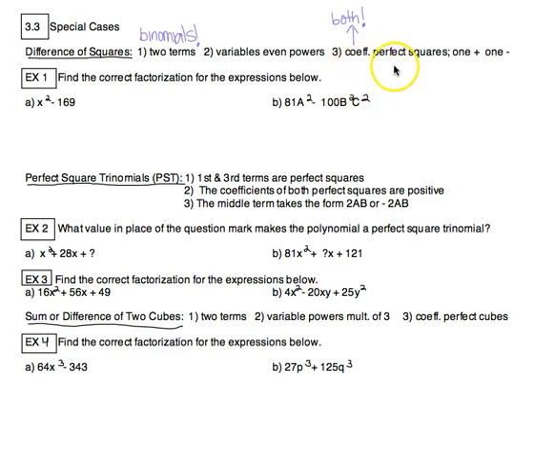Now, sometimes one of the coefficients is a 1, so it seems like there isn't one. Within those perfect square coefficients, one of them has to be positive and one of them has to be negative. Typically, when we write these, the first one is positive and the second one is negative. It doesn't have to be written that way, but that's typically how we're going to see it.